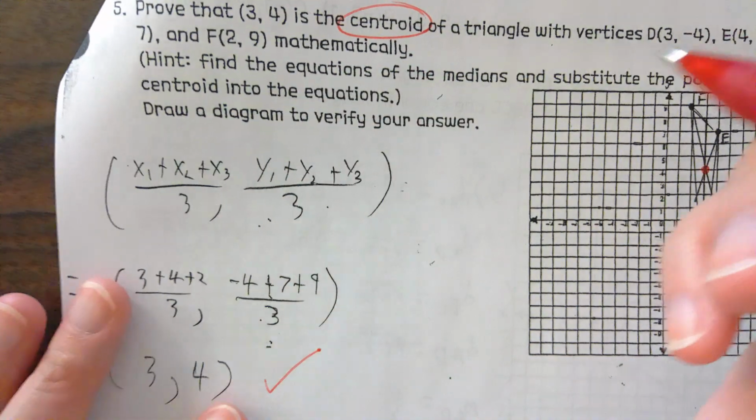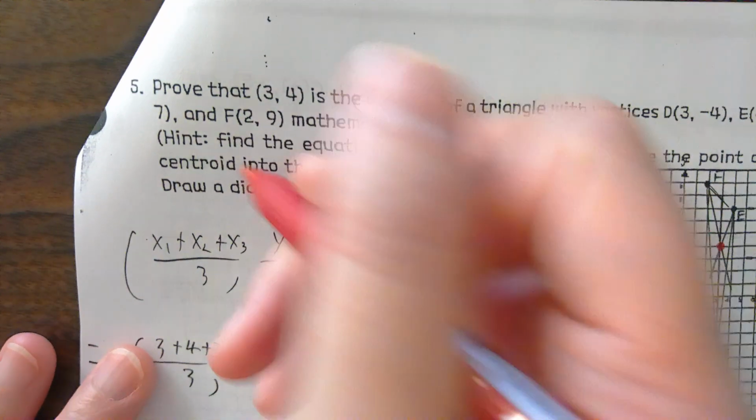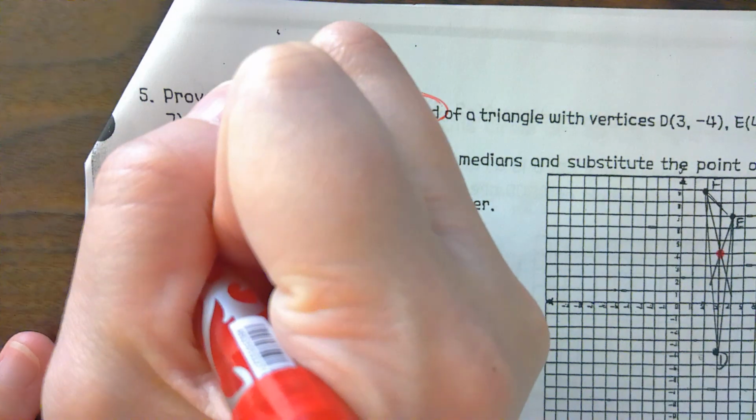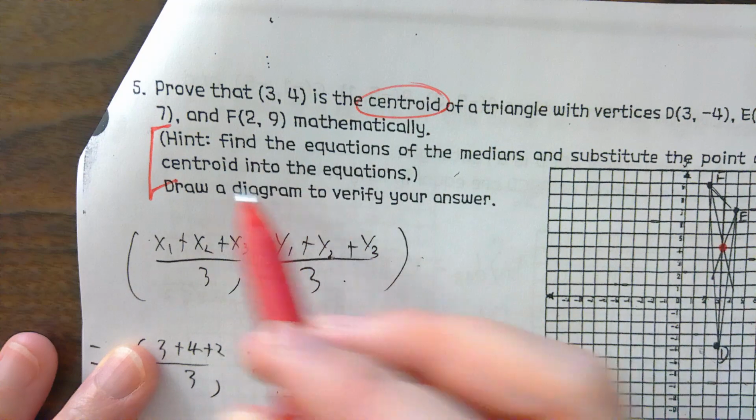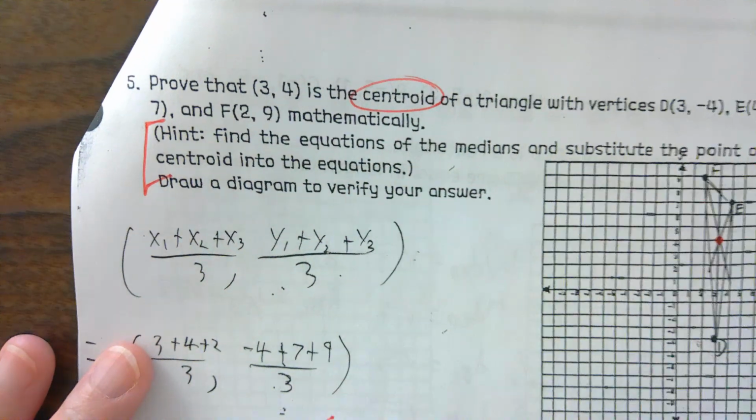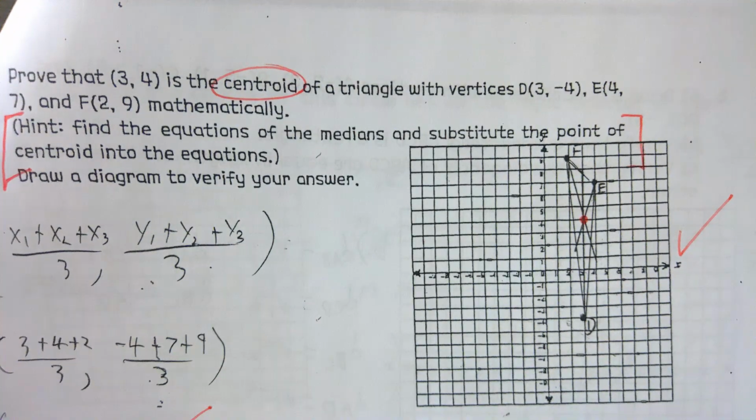All right. Now, what if I say this part right here? Find the equations of the medians and then substitute the point into the equation. How many marks do you think that part is going to be worth? 3. At least 2, when you have to find equations of medians.